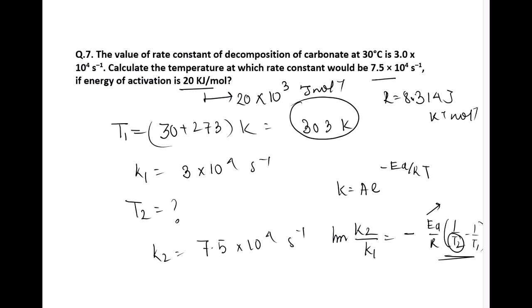So we have minus Ea by R, minus 20 × 10^3 by 8.314 into 1 by T2 minus 1 by T1. T2 is not given. Which values are given? k1 is given, k2 is given, T1 is given, Ea is given, T2 we have to find. So we can calculate the answer.